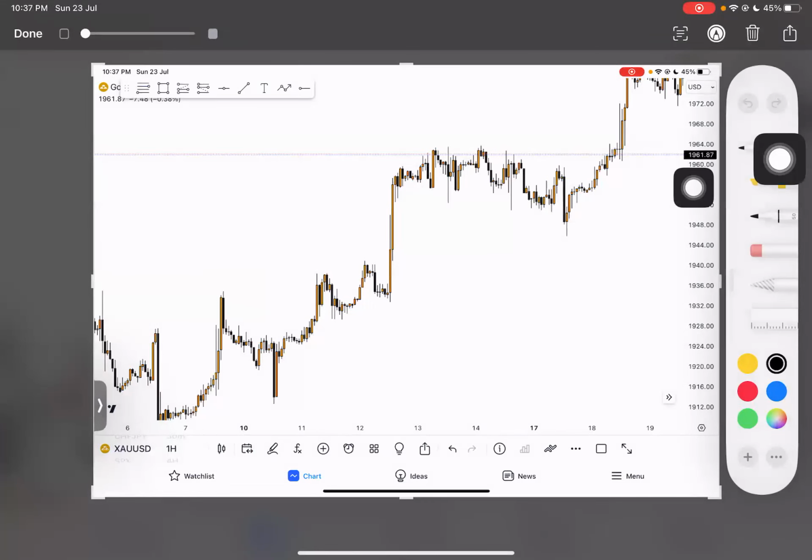For example, this one, you cannot say this one is a cost. This is not true. You have to identify the previous lower high. Once there is a breakout of this level, there is a cost. That is the correct one.